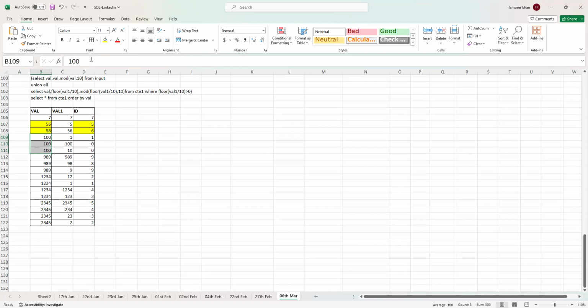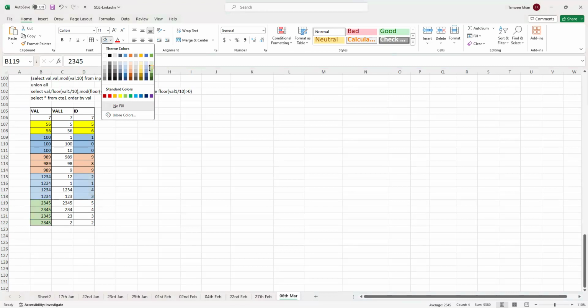For 100, you got all the digits we had planned earlier. For 989, we extracted all the values. Is this clear? Similarly, for 1, 2, 3, 4, you have extracted the values 2, 1, 4, 3. Similarly, for 2, 3, 4, 5, you have extracted all the values.